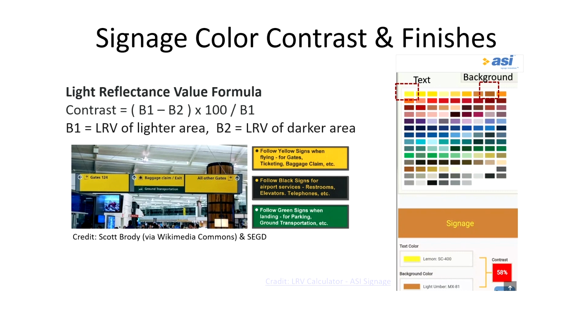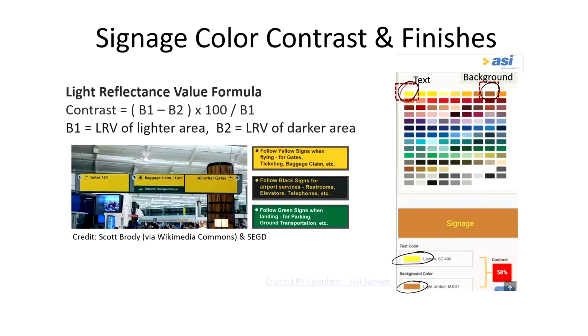Let's take a look. Here, if you see, I have taken the yellow color. I have used this yellow text, which is indicated here, and a brown background. So, the color contrast it has calculated is coming to 58%, whereas the value we require should be more than 70%.